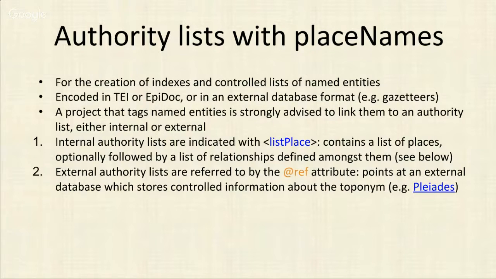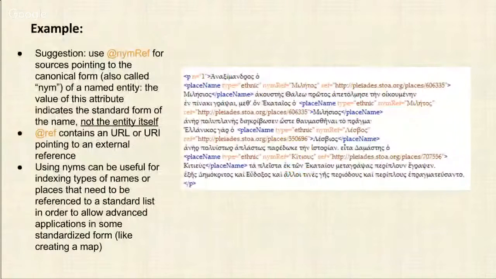Or you can make your own authority list by means of the element listPlace, which essentially contains a list of places that you can store in a separate XML document, which you make your own. So for example, in this case, you use the ref attribute, which refers to the URI in the gazetteer. So it is an external database, an external reference list.